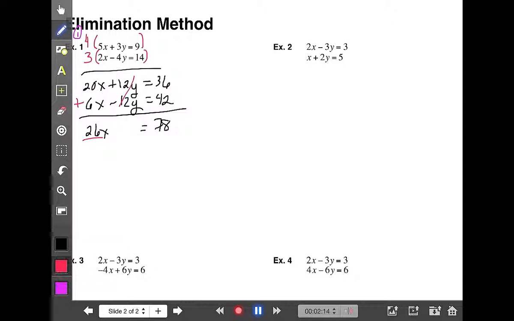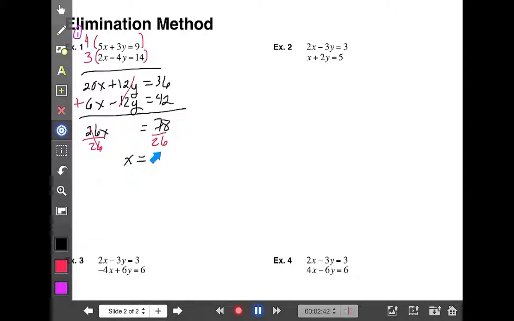And we're going to divide by 26. Now at this point, I really don't know if 26 goes into 78. You may or may not have a calculator. Probably won't have a calculator on this section of your test. So let's talk about what divides into 26. That's a smaller number. 2 and 13. 3 doesn't go into 26 because 2 plus 6 is 8, and 8 is not divisible by 3.